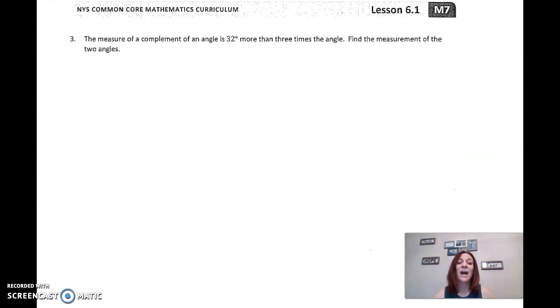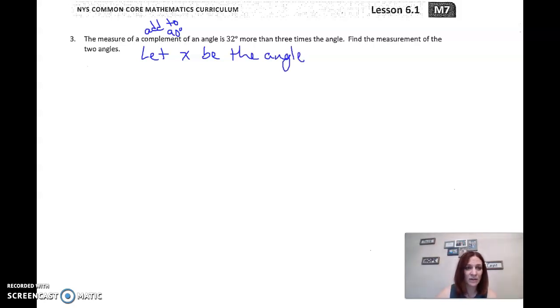The measure of the complement. Ooh, complement. Add to 90 degrees. Is 32 more than 3 times the angle? Guess what? Let's do it again. Let x be the angle or the first angle or whatever, okay? So we know that our first angle is x.